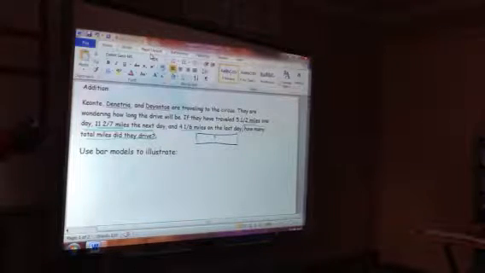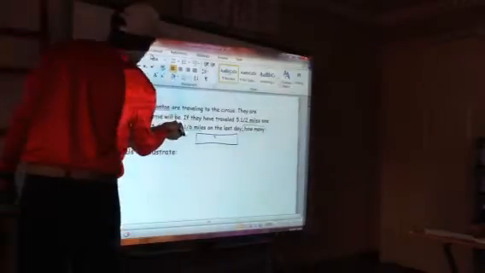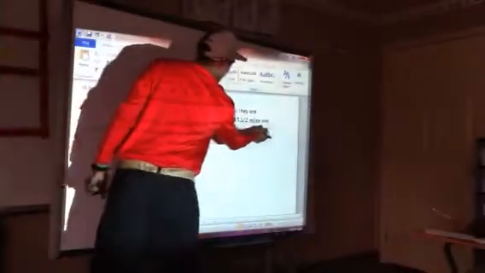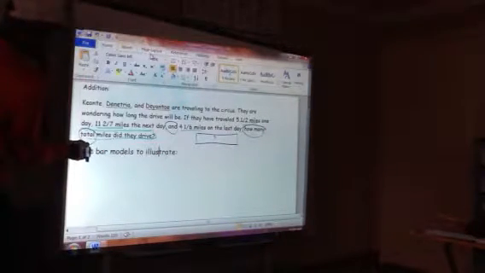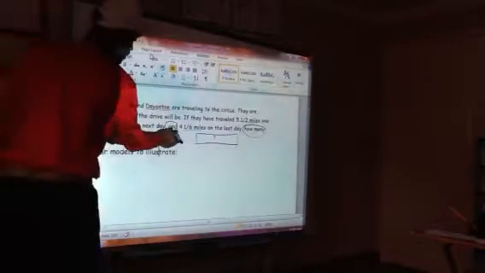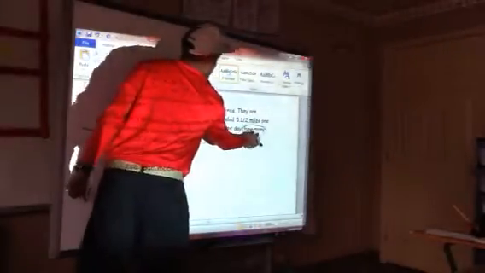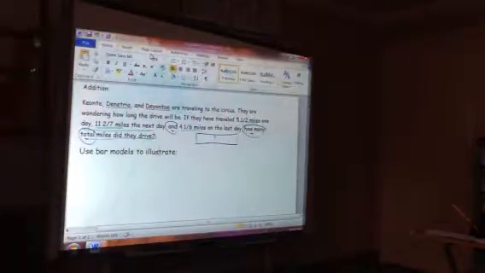No. 11 2/7 miles the next day, and 4 1/6 miles on the last day. How many? Any cracking the math codes? Yes, I see. And how many? And total. All of them mean what? Add. So since I only see addition, I'm probably going to add.